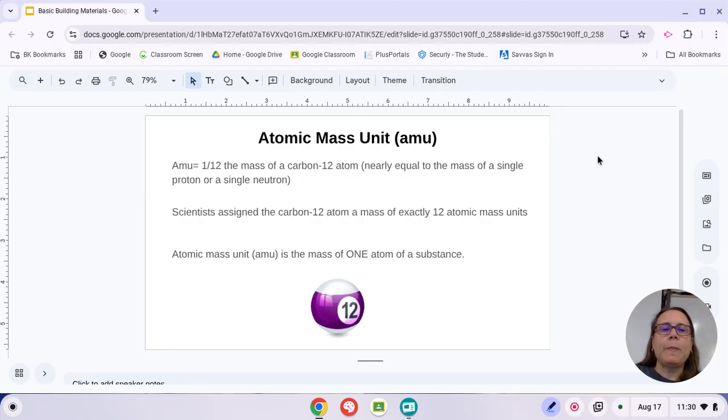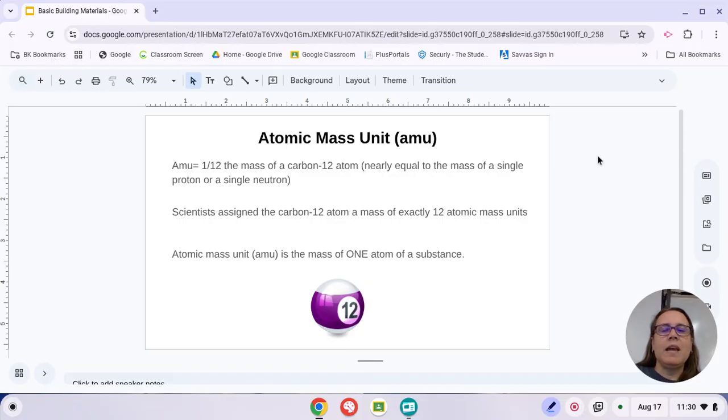Okay. And then atomic mass unit, and we're going to be calculating some of these. Atomic mass unit, they define it as 1/12 the mass of a carbon-12 atom. Okay, so carbon is atomic number 6. It's always 6 on the periodic table. And 6 tells us how many protons it has.